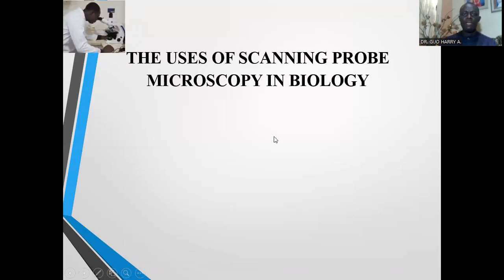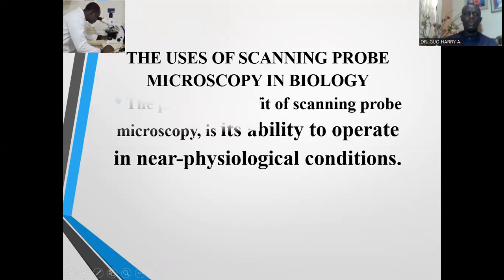Uses of the scanning probe microscopy in biology. The primary benefit of scanning probe microscopy is its ability to operate in near physiological conditions.